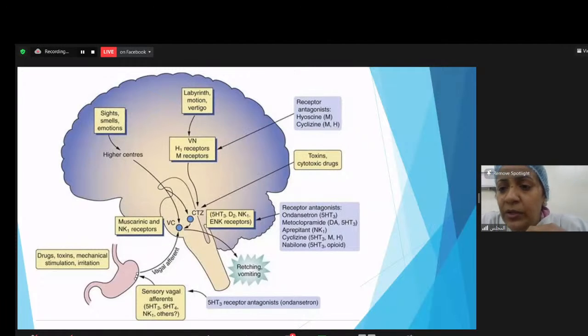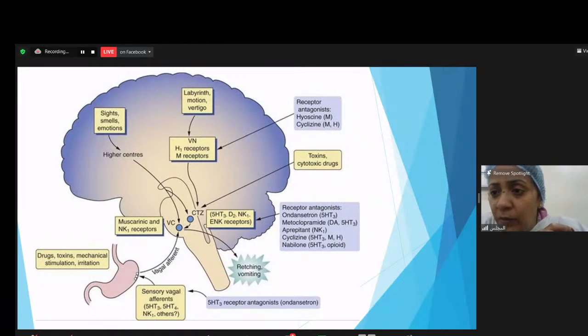When these receptors are stimulated by irritant things, by stretch, mechanical factors, sometimes if you have obstruction of the flow, stretching, or even the compounds of the food, if it was very irritant to the mucosa, these will trigger impulses via the vagal nerve directly to the vomiting center, and this is going to trigger the vomiting reflex. So all of these things are involved in stimulating this vomiting center.